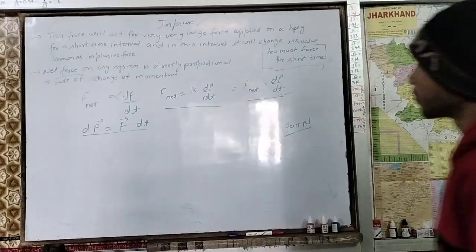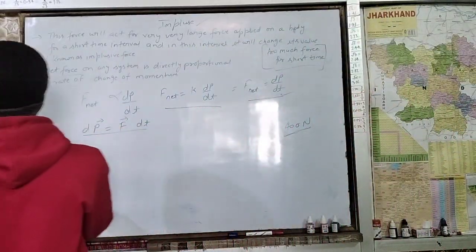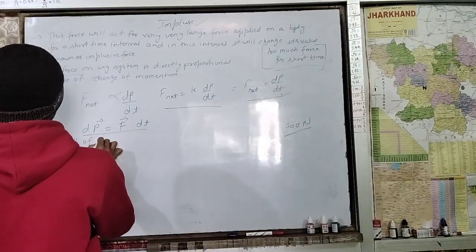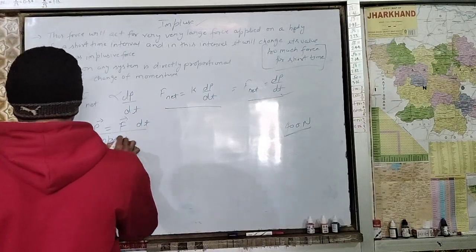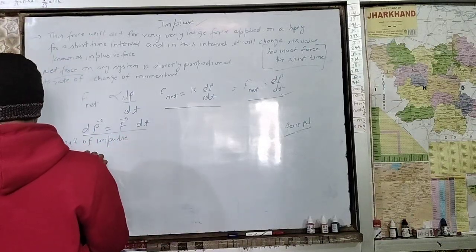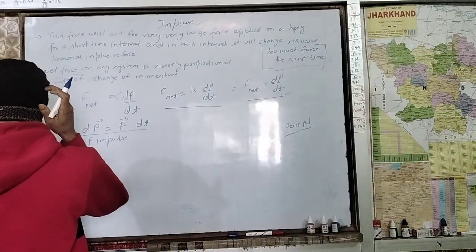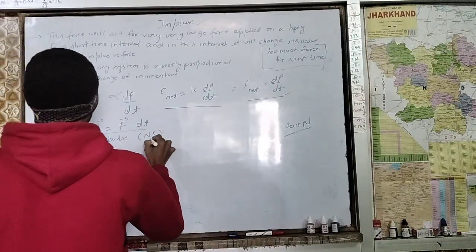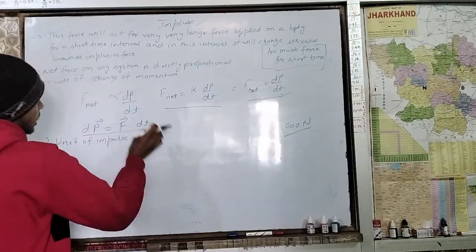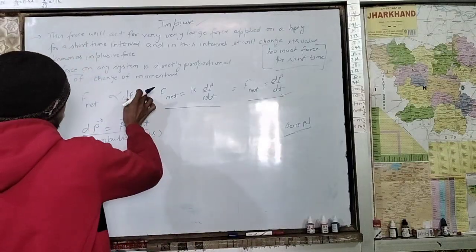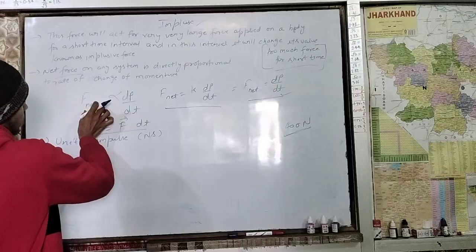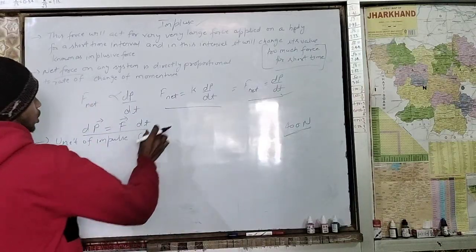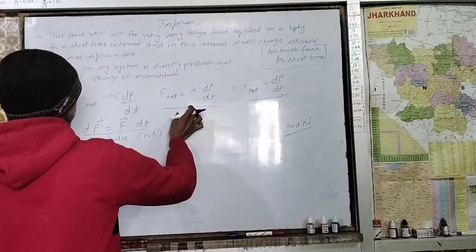So, the unit of impulse. Impulse is nothing but F into t, so Newton second. S is for time, N is for force, and F is equal to dP.